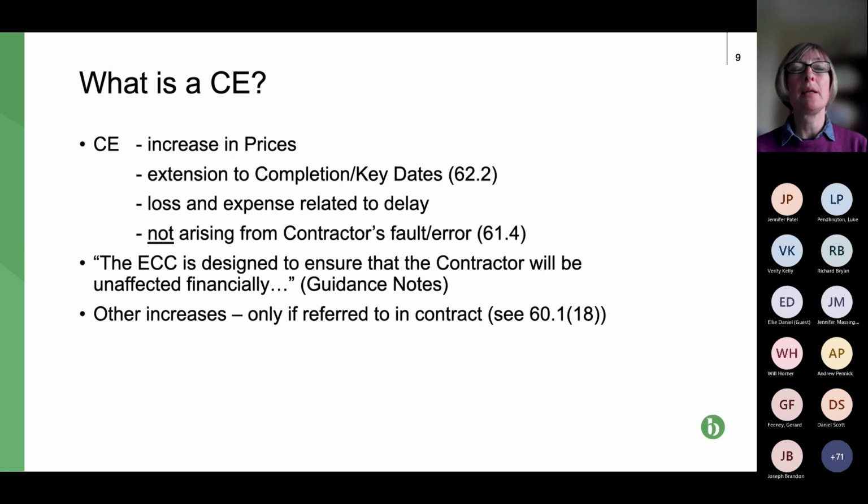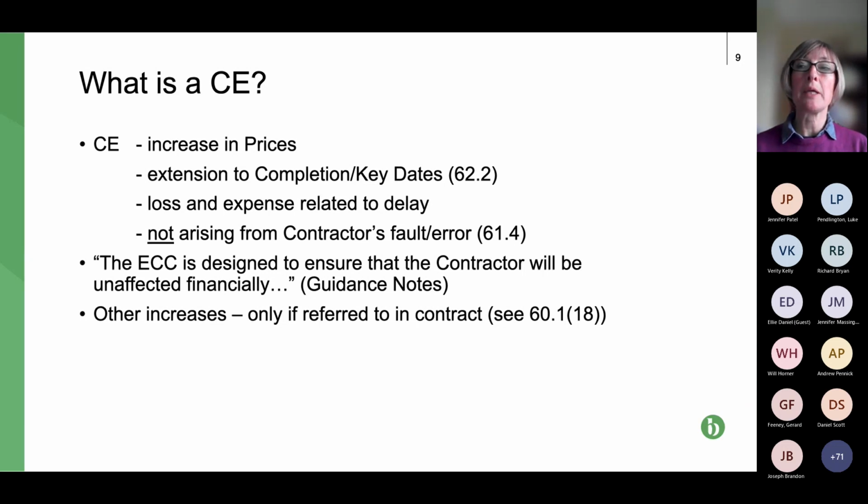And it's quite a nice one if you want to quote it to a project manager or paying party, where the compensation event cost based on the schedule of cost components is being disputed for any element. What the engineering and construction contract is designed to ensure is that the contractor will be unaffected financially.